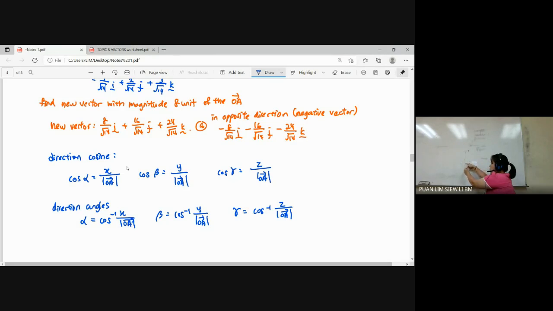Here will be your beta. Where's your z-axis? Your z-axis is coming up. Okay, your z-axis is coming up direction like this. This is your z-axis. My OA is this direction. Okay, so from O to X, OA to X is your alpha. Then to y-axis is your beta here. Then OA to your z-axis is your gamma. So that is your direction cosine. Boleh faham ke?